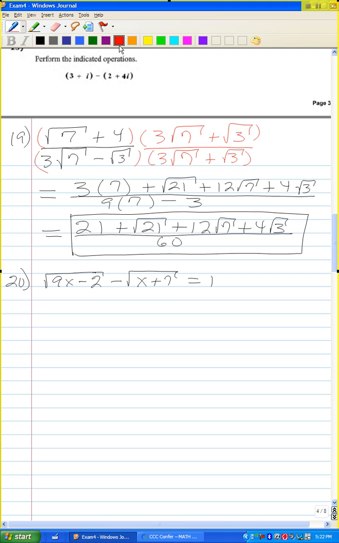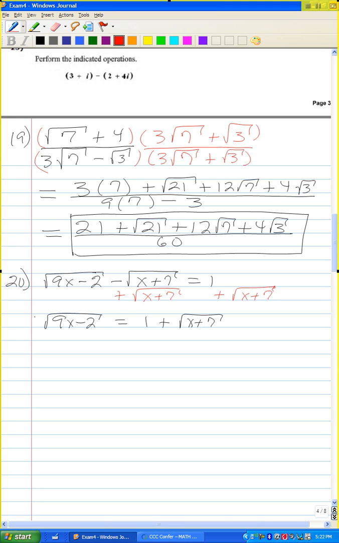Let's add radical x plus 7 to both sides of my equation, and so you get radical 9x minus 2 equals 1 plus radical x plus 7.